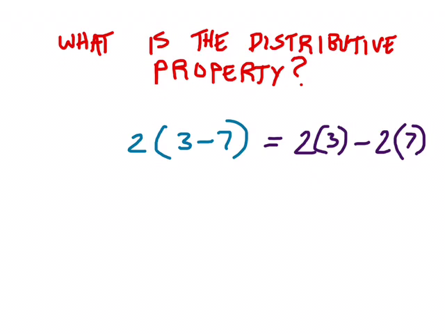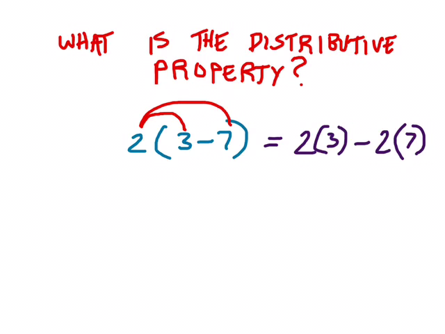So here, instead of multiplying 2 by the answer to 3 minus 7, I'm multiplying 2 by 3 and subtracting 2 times 7. What I've done there is what's called distributing my multiplication. I distributed it to everything inside the parentheses.